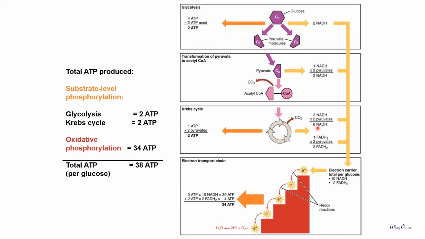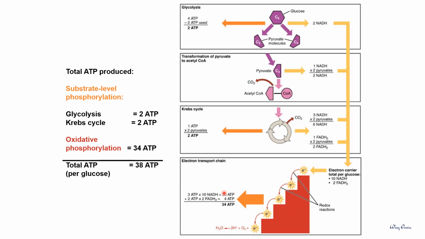And we have 6 NADH from the Krebs cycle, if we refer to one glucose. So in total we have 10 NADH. Each NADH will produce 3 ATP during the oxidative phosphorylation. So we have a total of 30 ATP.